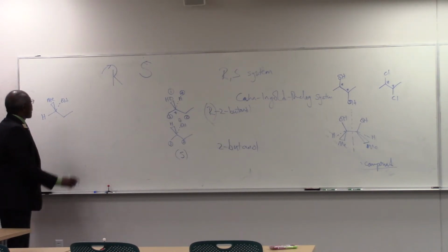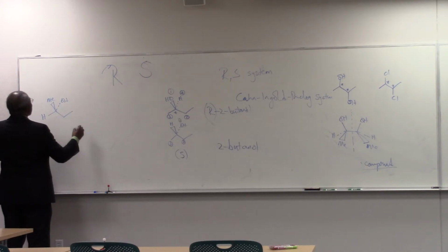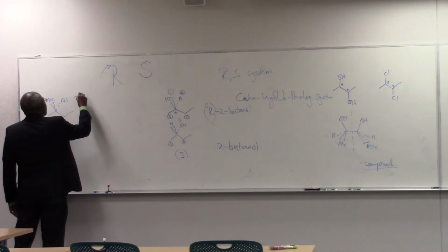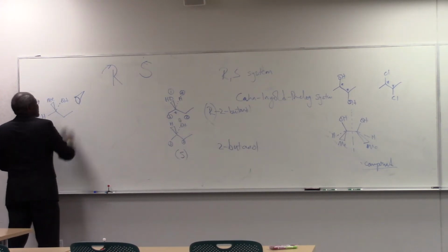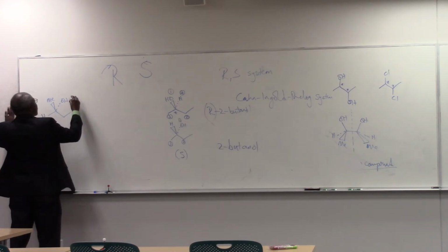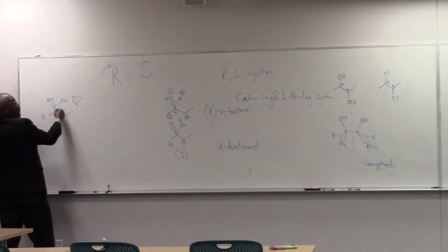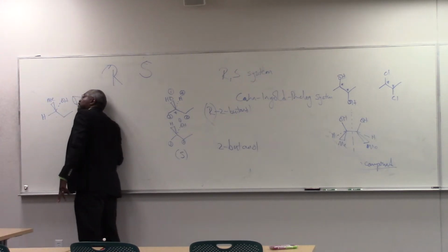One, I can move me. So instead of looking at it this way, which is not going to help me at all, I can put my eye here. My eye is looking down the molecule so that the group of lowest priority points away from me. In other words, I'm going to put my head here.